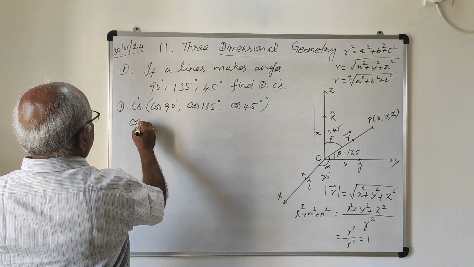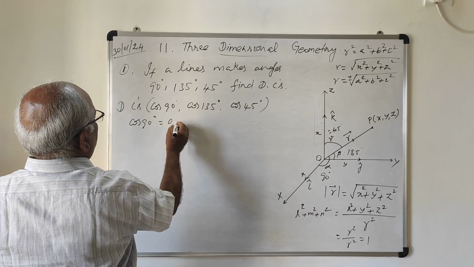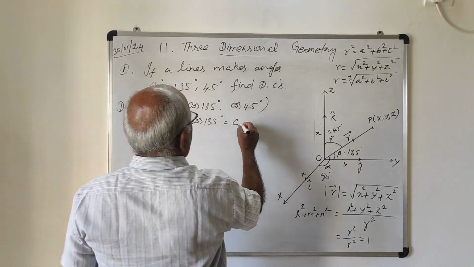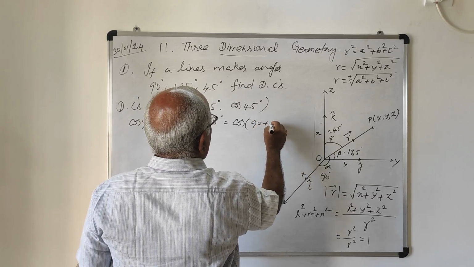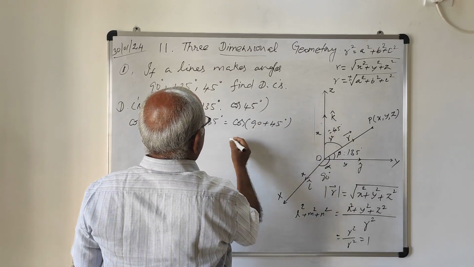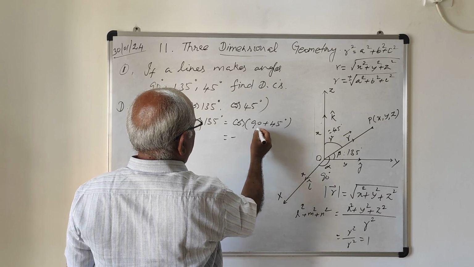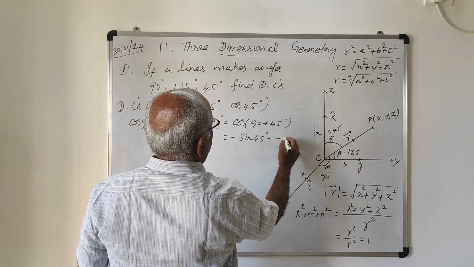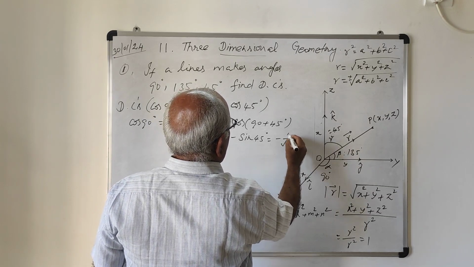Cos 90 is 0. Cos 135 degrees equals cos of 90 plus 45. 90 plus 45 is in the second quadrant, where cos is negative, so make it as sin 45, which is equal to minus 1 by root 2.